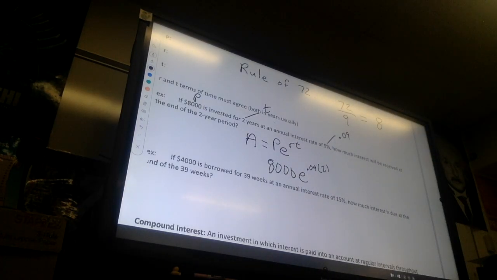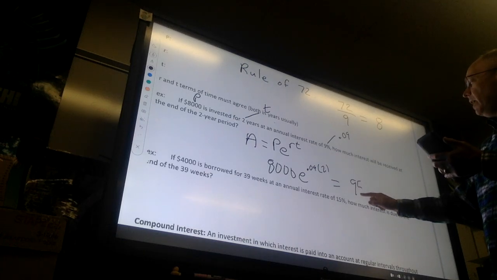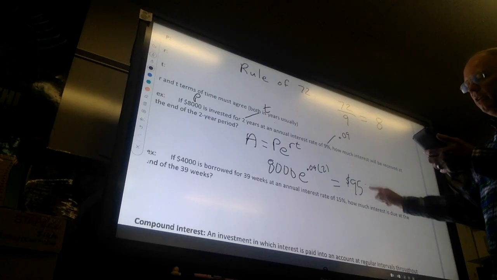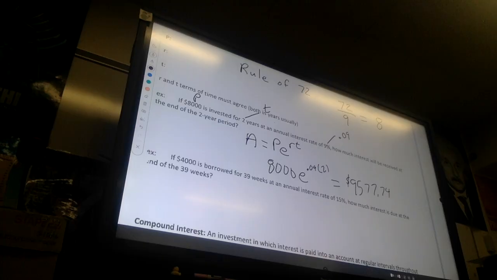And you can always borrow one of these calculators during class. 8,000, you'll find E, and then raised to the 0.09 times 2. So this tells us after 2 years, we now have $9,577.74 rounded to the nearest penny.